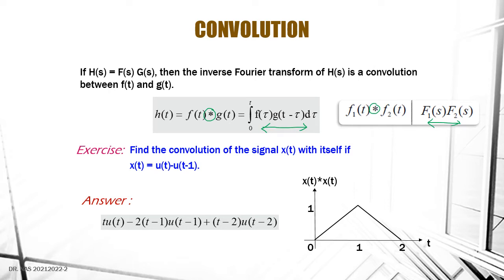Okay, let's look at the example. Find the convolution of the signal x(t) with itself, meaning that your signal x(t) convolve with itself. You need to use Laplace transform to solve this problem.